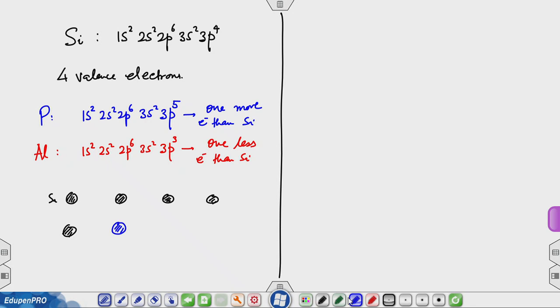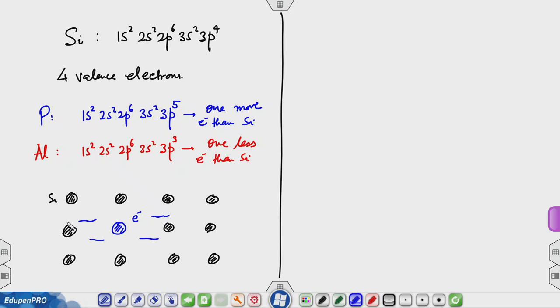Substitutional, it is not going into some other site, but it is going into the lattice site. Then this has an extra electron. So, what would happen is that this extra electron is free to move around.